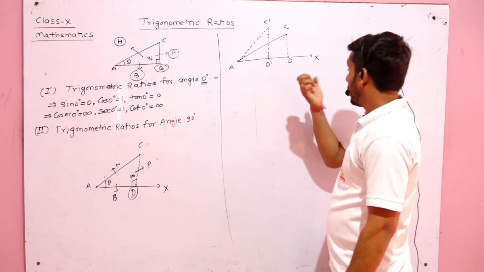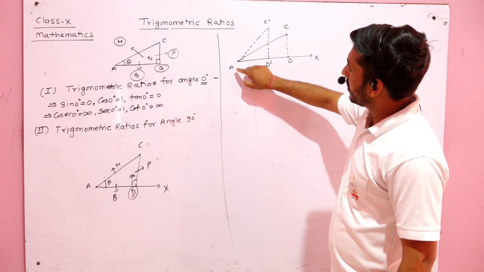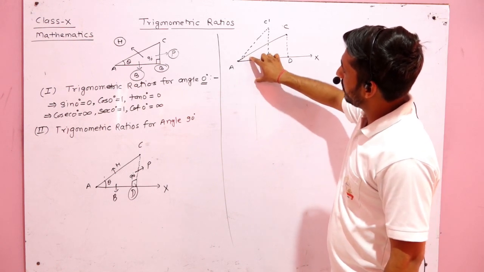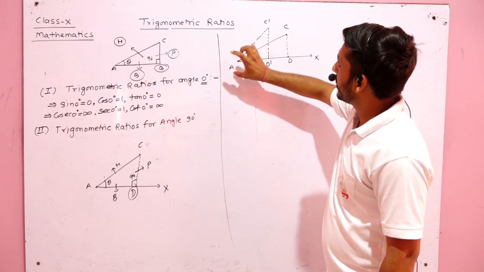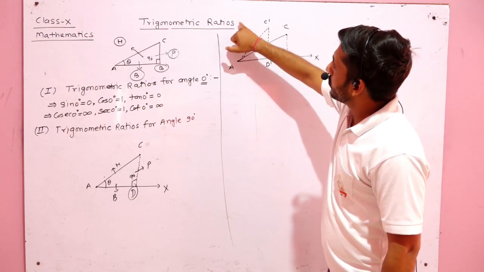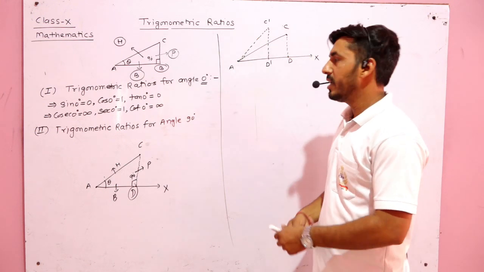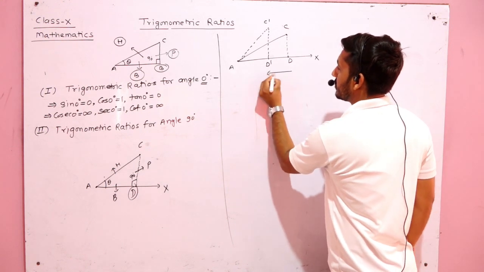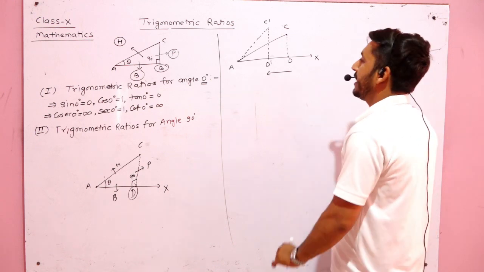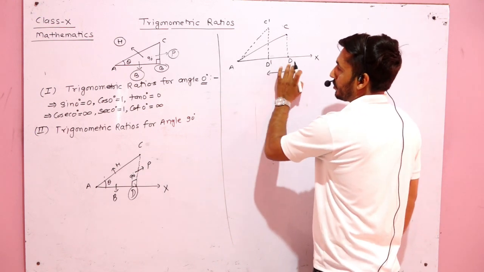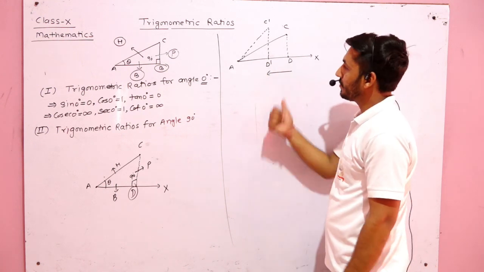From this condition we can see if I am moving this angle towards 90 degree, C dash is moving towards this side and D dash is coming towards A. It means the condition is given like this. This point is coming towards A, and the distance AD is decreasing, you can see from here.